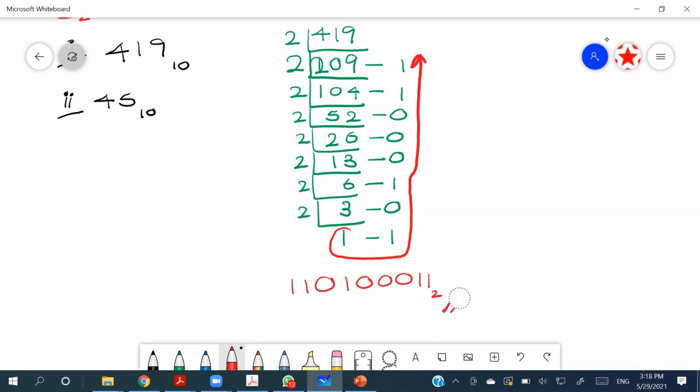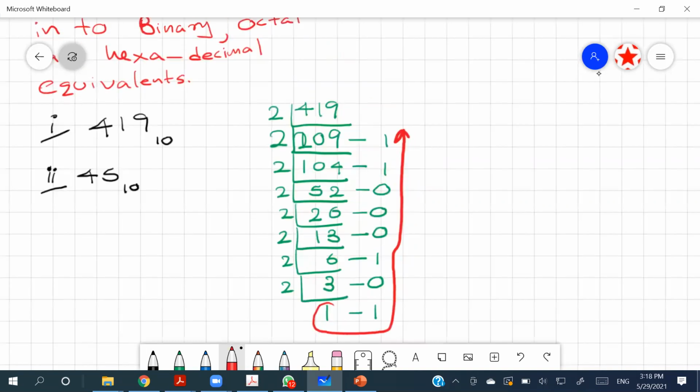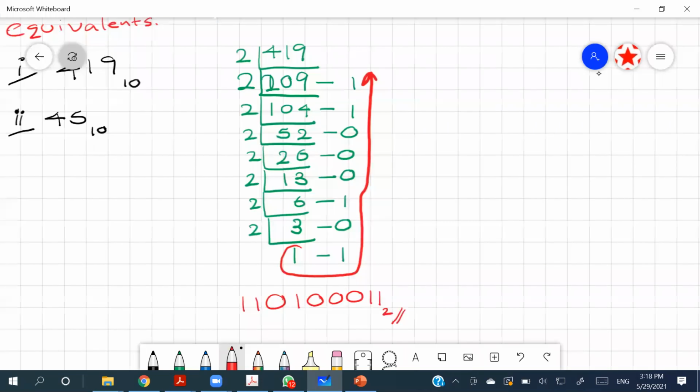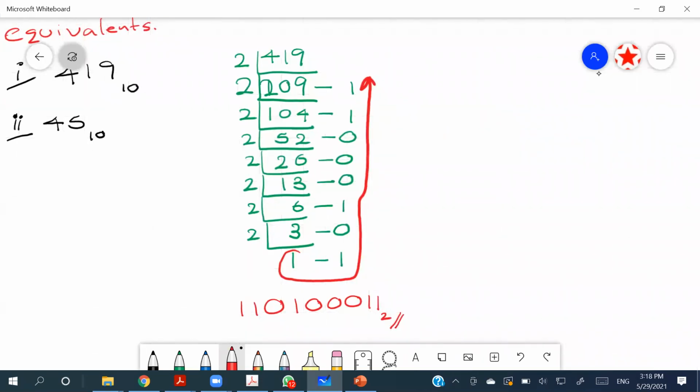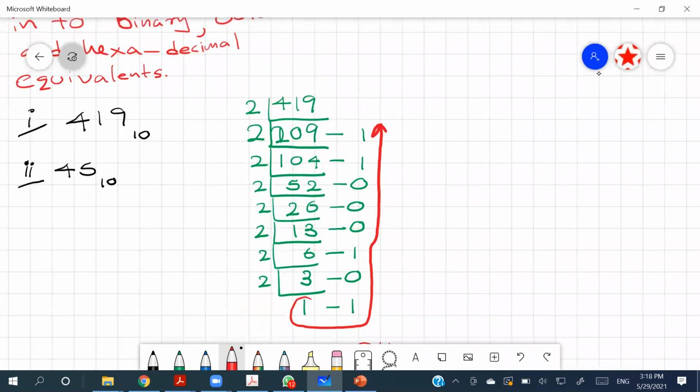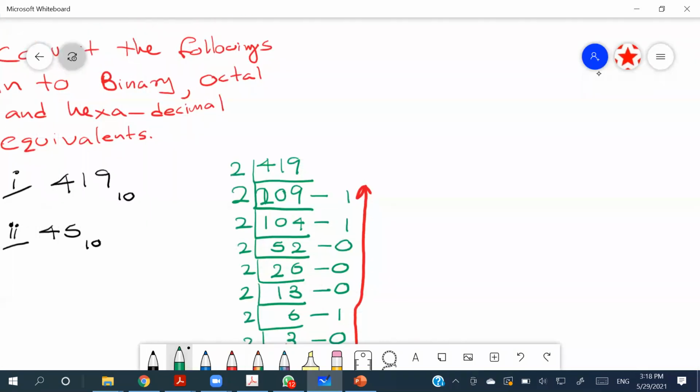Right? So here comes the binary conversion of 419. It's quite big, so you have to do it very carefully. Right?